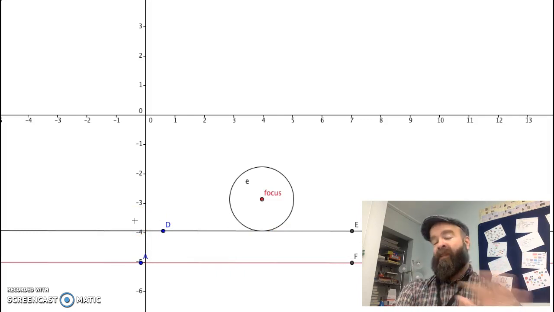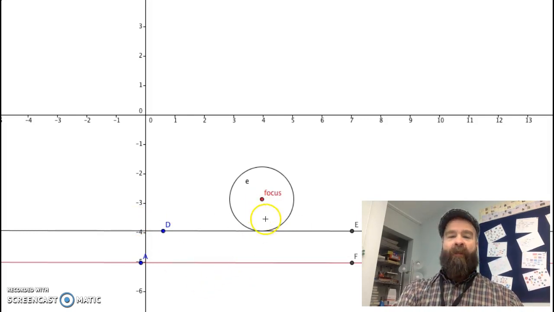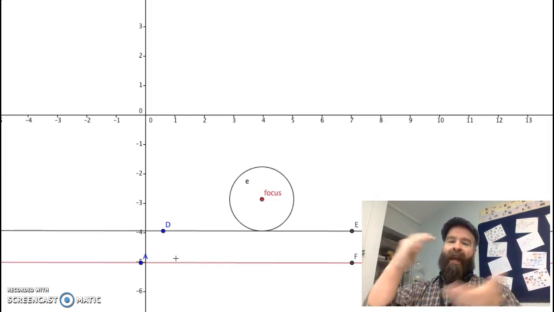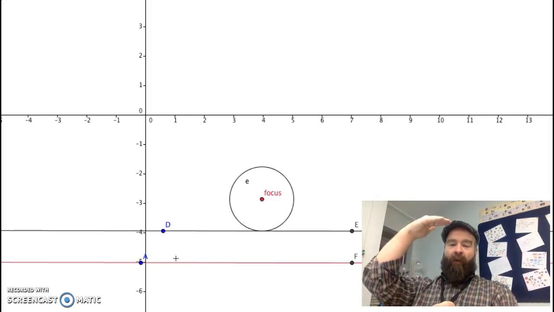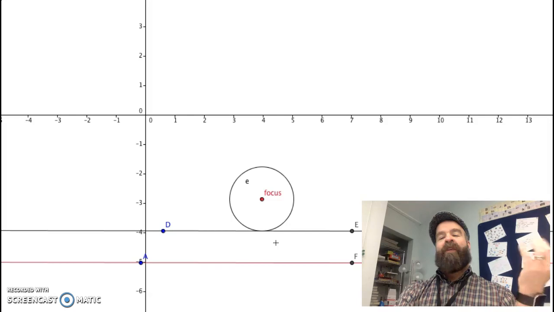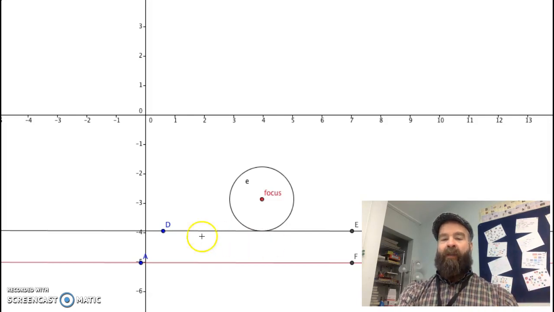So what I've done is I've set this construction so that the radius of the circle and the distance between the line and the directrix are the same. So whenever I drag this, the circle will get larger and the line's distance will get farther from the directrix, but those distances are going to be the same. So any place where the line and the circle intersect will have the same distance from the focus as from the directrix. So I'm going to drag this now so you can see this.